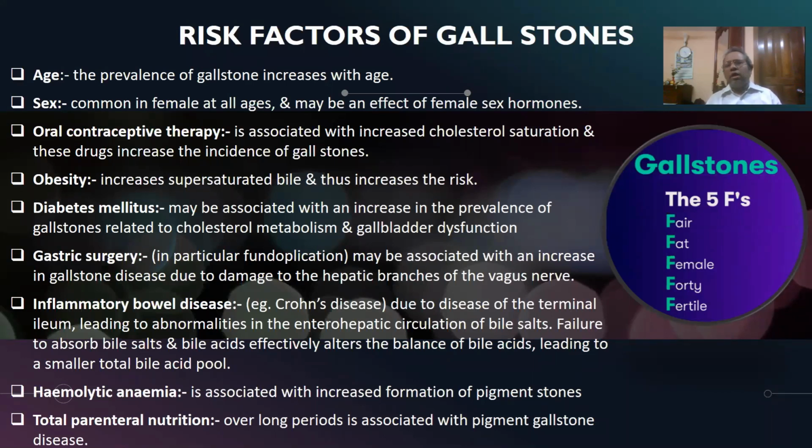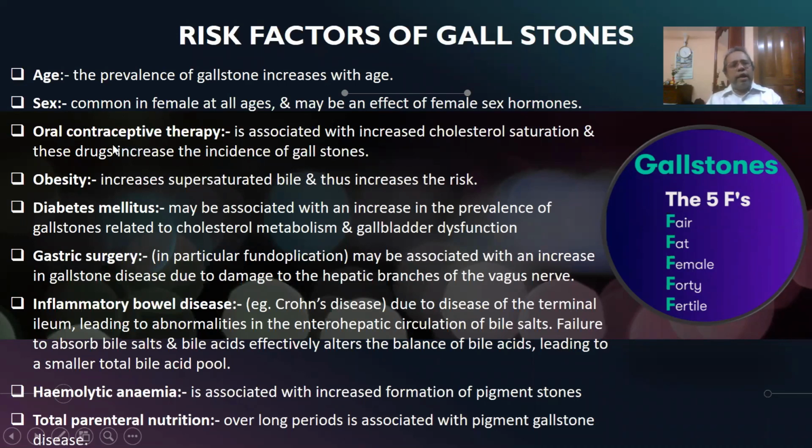For that reason, there is more formation of stones in females. Oral contraceptive therapy, in those individuals who take it, is more associated with the formation of cholesterol stones. It is associated with increased cholesterol saturation, and these drugs increase the incidence of cholesterol stones. So those ladies who are taking oral contraceptive pills have more chance of developing stones.